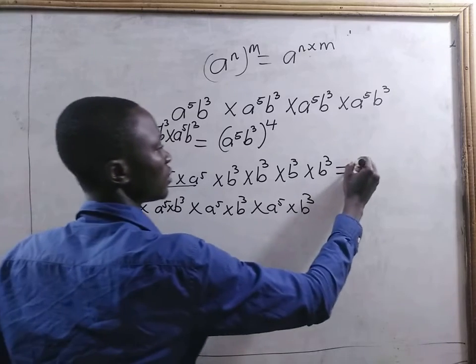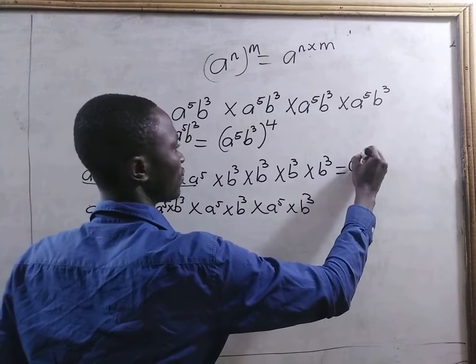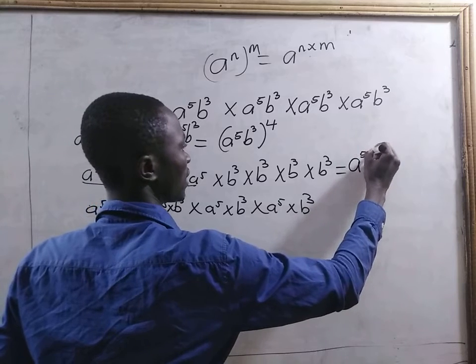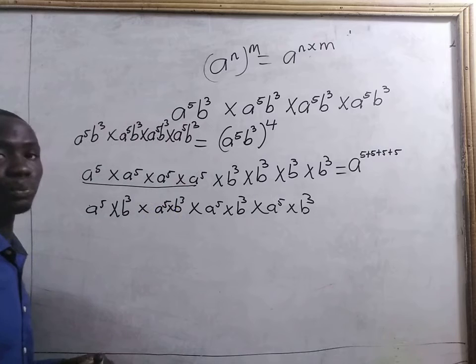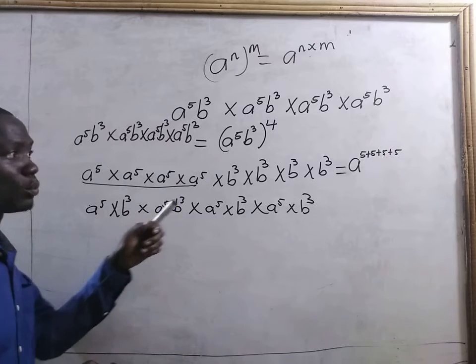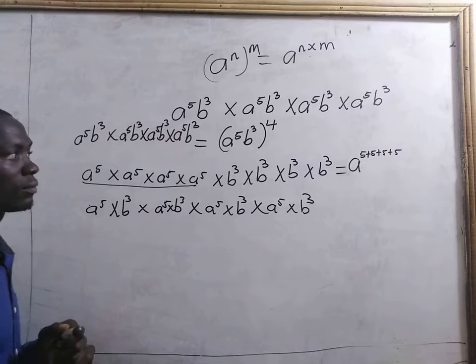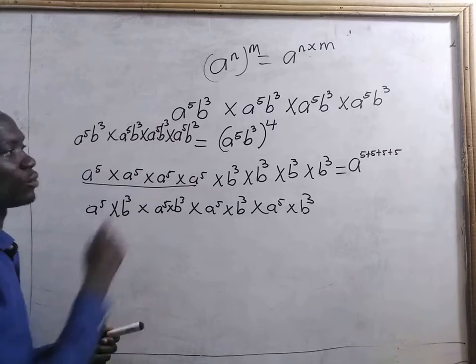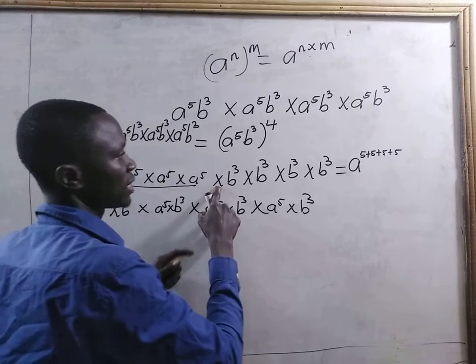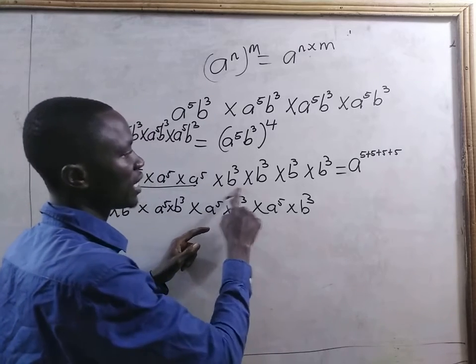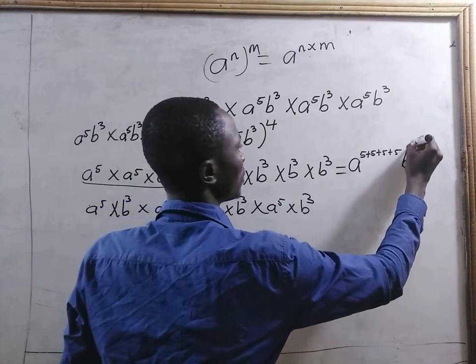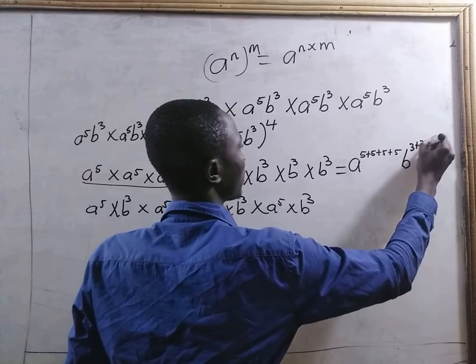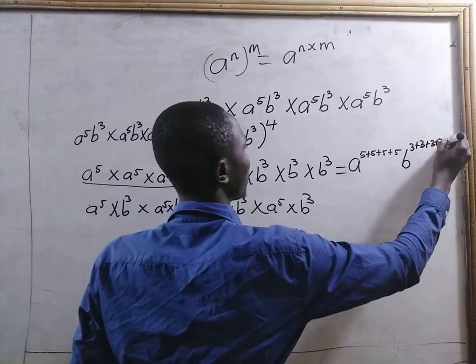That is a exponent 5 plus 5 plus 5 plus 5. That is from the product rule of exponents. We can add all the 5s together, times b exponent 3 multiplying itself 4 times. So I have b exponent 3 plus 3 plus 3 plus 3.